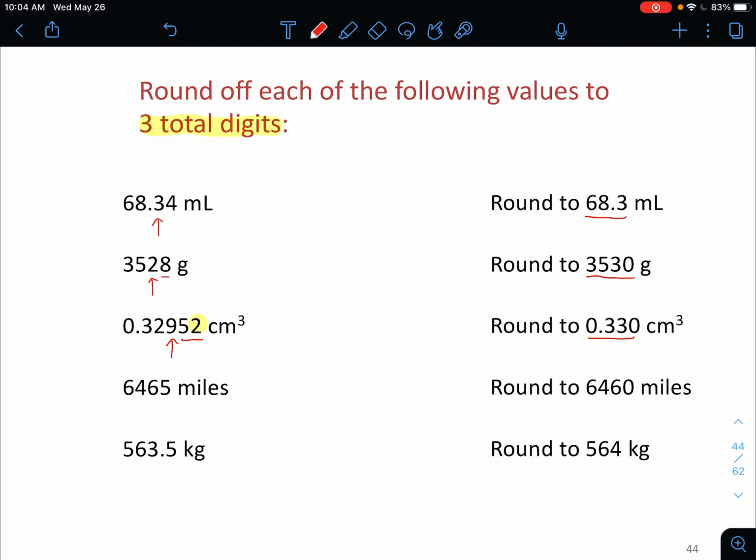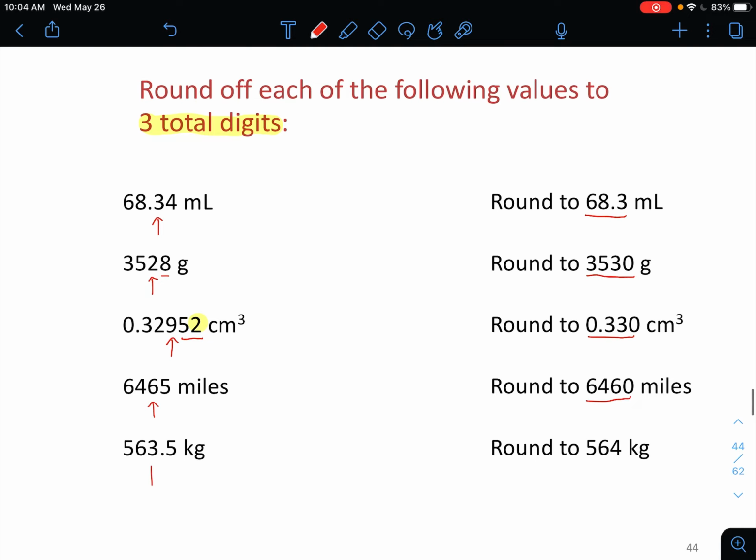Okay, a little more odd-even with these last two cases. 6465, where 6 is the cutoff number. Since the cutoff number is even, we're going to stay put, so that'll round to 6,460. And then in the last one here, 563.5, 3 is the cutoff number.